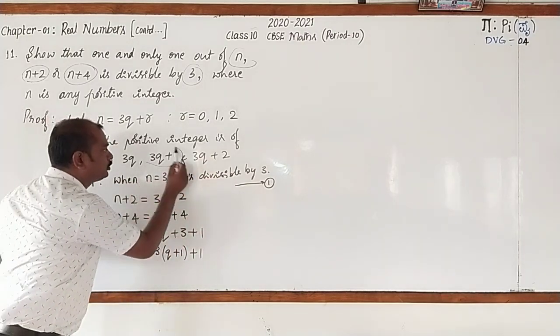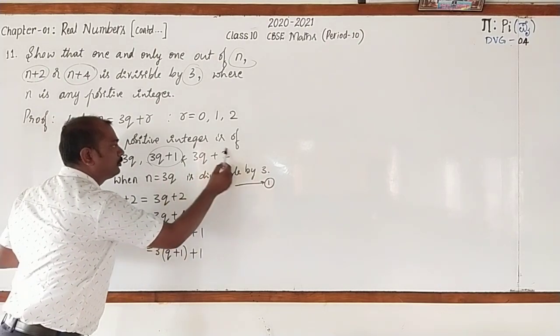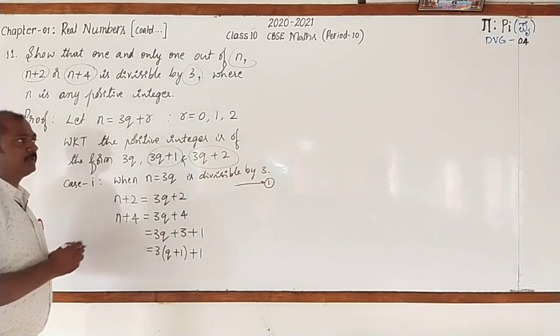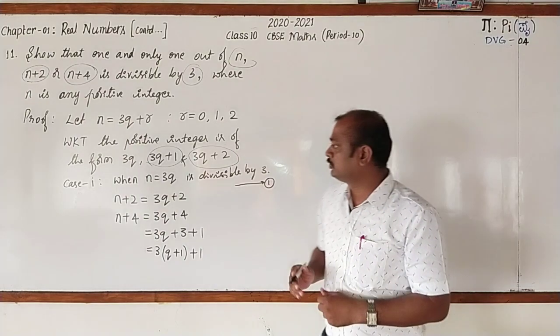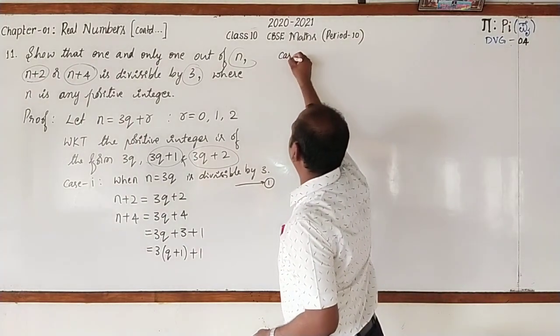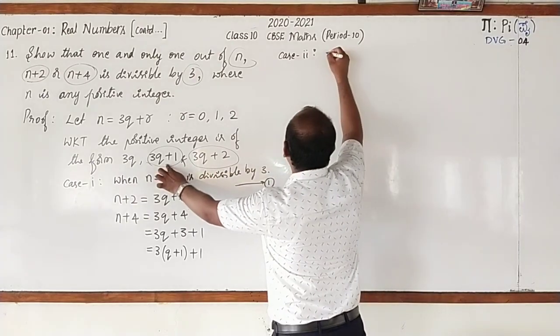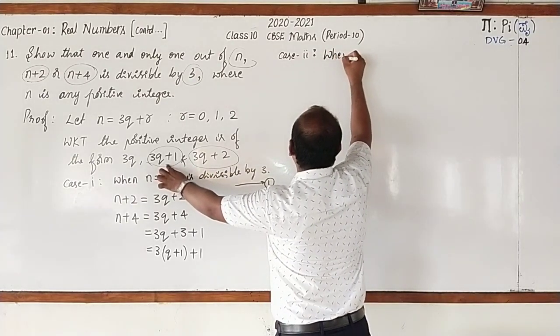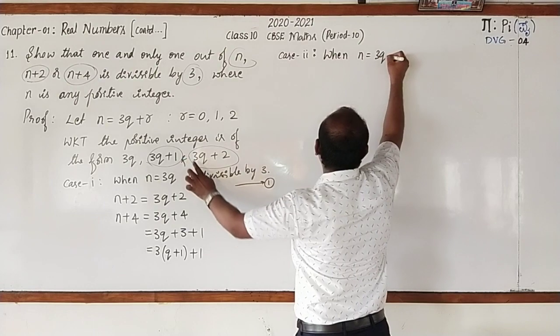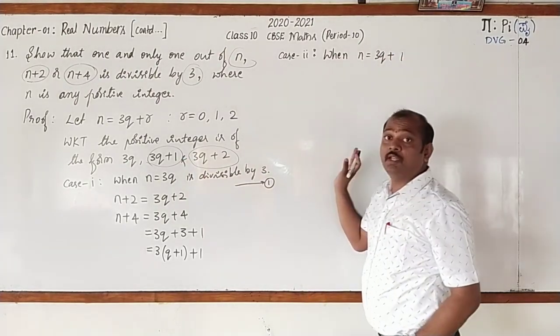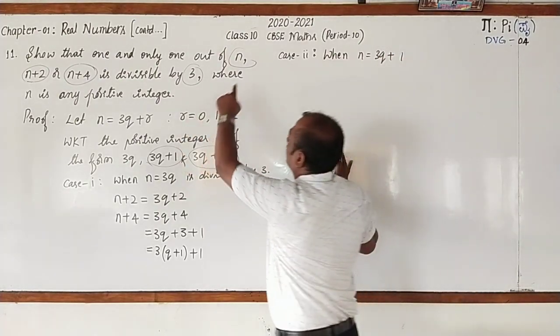Similarly, we have other two cases, when n equal to 3q plus 1 and when n equal to 3q plus 2. Let's go for taking those also. Here I'll write case 2. Case 2 is when n equal to 3q plus 1. Then already n is taken.